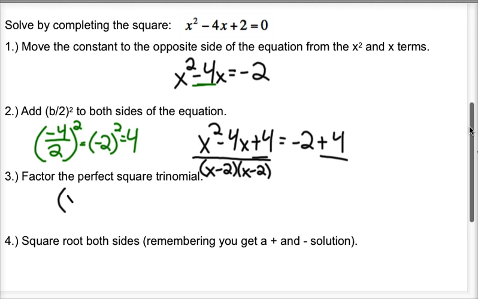So what ends up happening is we get x minus 2 squared equals, and over here, -2 plus 4 is going to be a positive 2. So that's why we're looking for these perfect square trinomials. We need to be able to write that binomial as a squared.